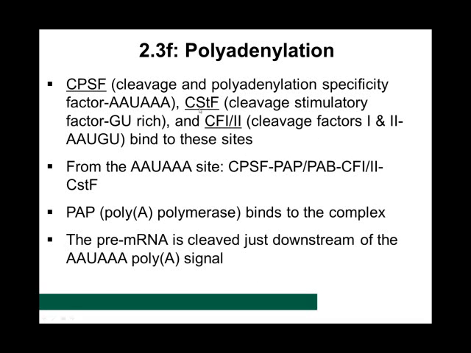And then the cleavage factor will bind in the middle because that's where the cleavage is going to be. And then there's a final one, poly-A polymerase. And that is a protein that will actually cause the cleavage, and the addition of the poly-A tail.